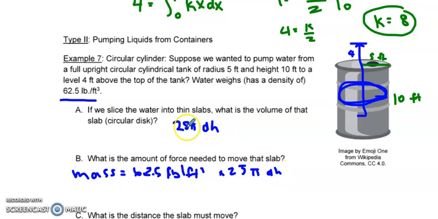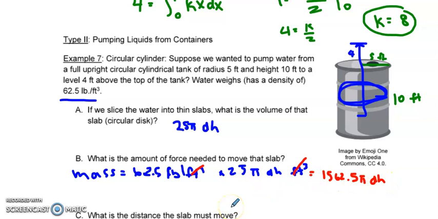And by the way, since area here was square feet and change in height will be feet, this is a cubic feet situation. And just to show you the units work, the feet cubed over the feet cubed, our mass is going to end up in pounds, and we end up with here 1562.5 pi times dh.